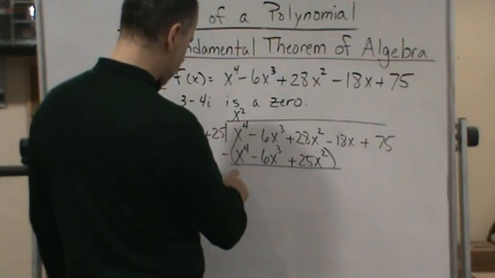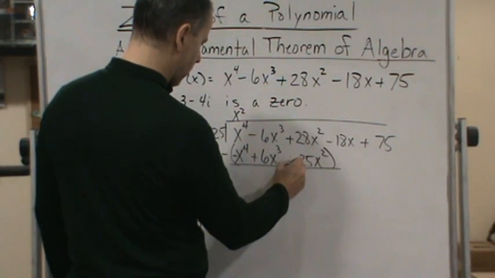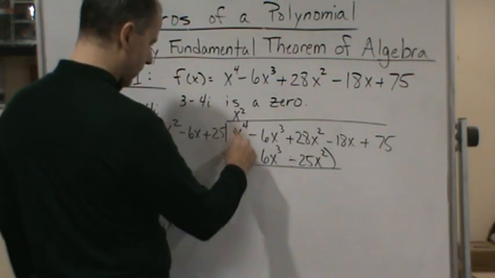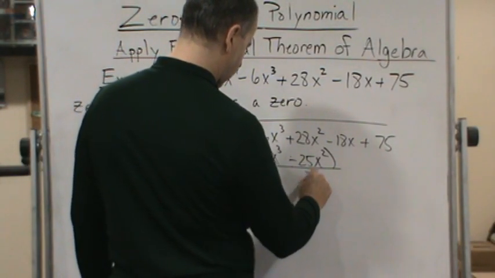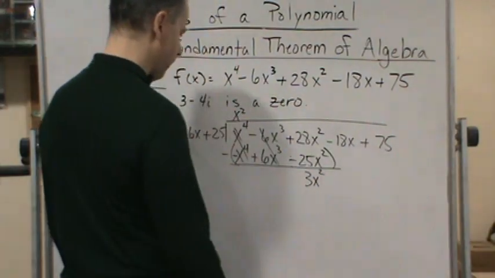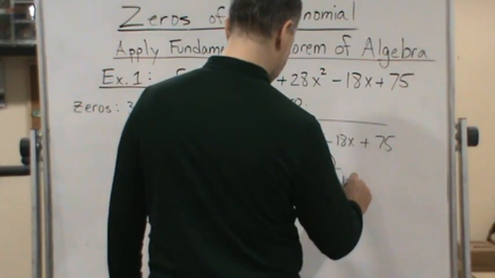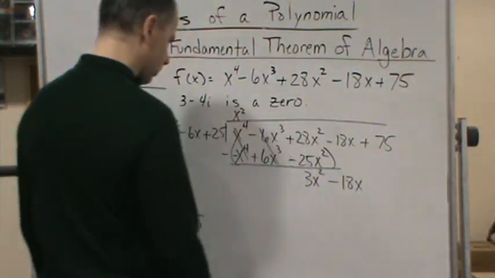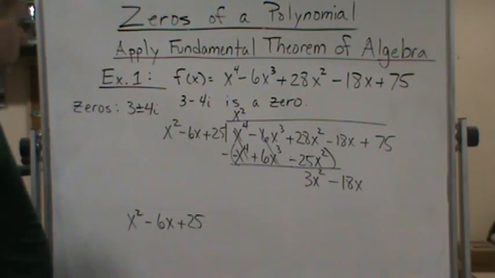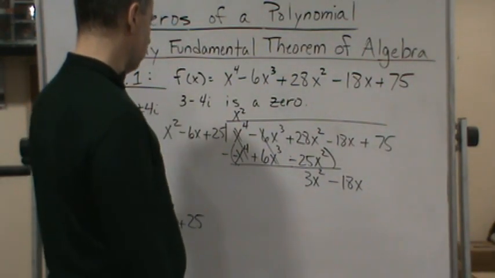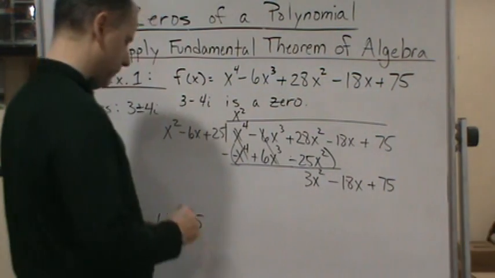And so if I subtract, this is going to become negative. That's going to become a plus. This is going to become a minus, right? So then these cancel and these cancel. And then what do I get over here? I get 3x squared, right? And then I'm going to drop down the 18x. And I'm going to drop down the 75.